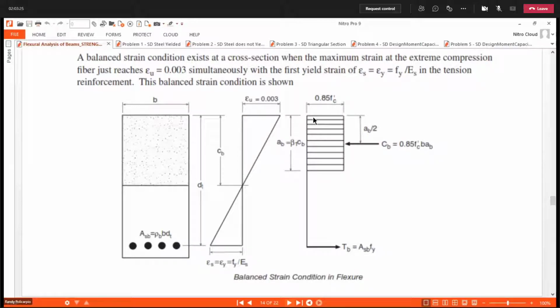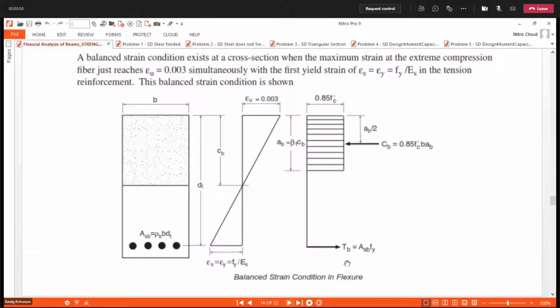wherein the depth of our rectangular compressive block is designated as a sub b. At balance condition, the location of the neutral axis is designated as c sub b. So therefore, our compressive force at balance condition is computed using this formula, 0.85 f prime c b multiplied by a sub b.